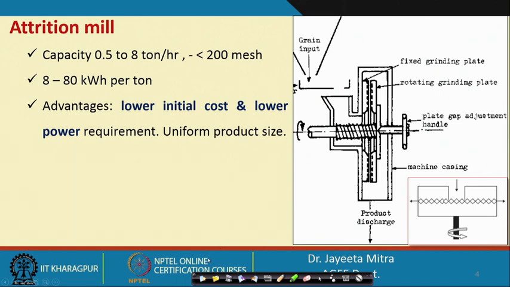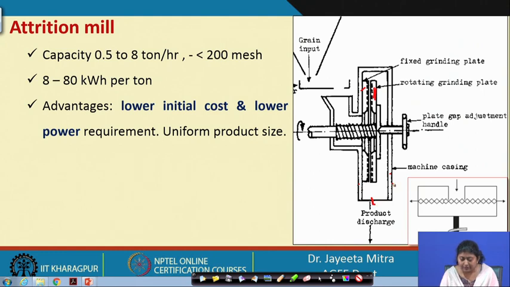Here we can see that every arrangement is different. In this particular figure, the fixed grinding plate is this one and the rotating grinding plate is this one, which is attached to a shaft. The gap between these two can be adjusted, and there is a machine casing. The product is discharged from the bottom section and the feed comes from the top.